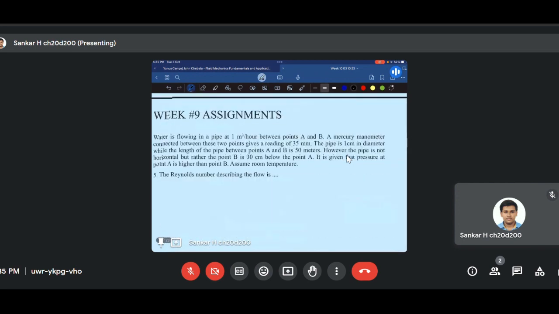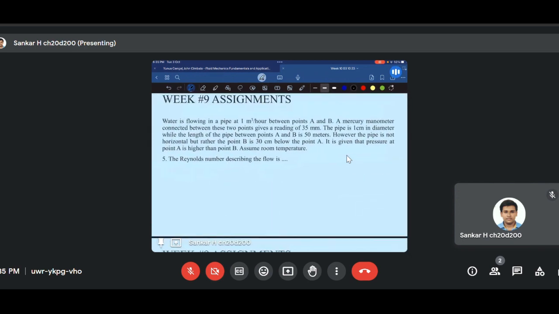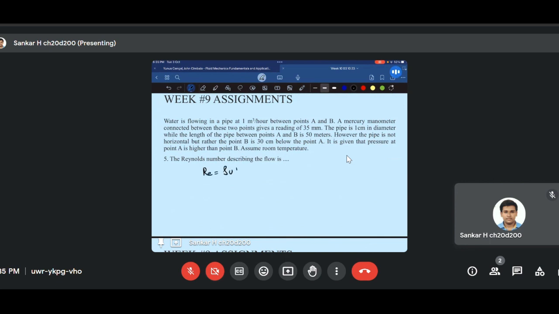Okay, let's move on to the next question, where we have to find the Reynolds number. The Reynolds number is rho v d by mu. Here, the density of water is 10 raised to 3 kilograms per meter cube.